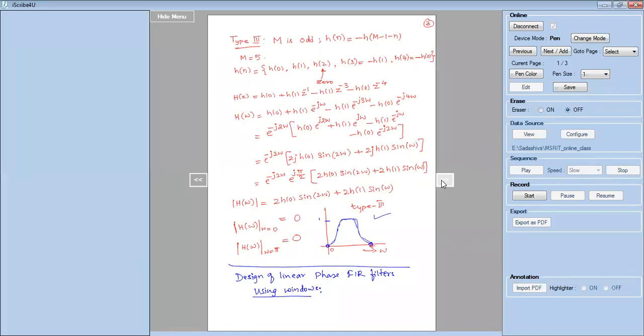How are we going to design a linear phase FIR filter using windows? See here, we will have a desired frequency response.